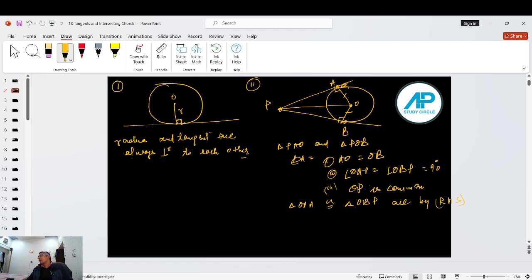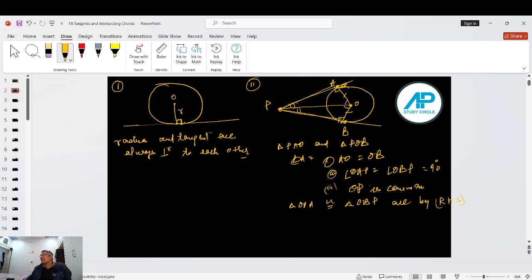Congruency is by RHS. Now once they are congruent, all the corresponding parts are got to be equal. So you got these two angles equal, you got these two angles equal, and you got tangents also equal.